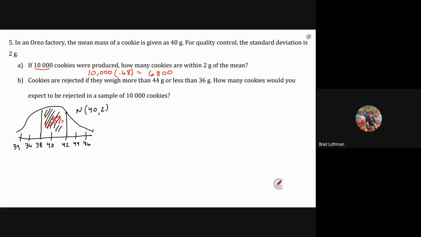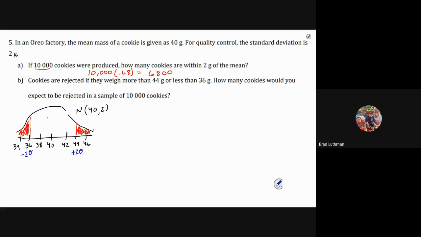Cookies are rejected if they weigh more than 44 grams or less than 36 grams. The great thing about this problem is in terms of solving it, this is -2 standard deviations and this is +2 standard deviations.